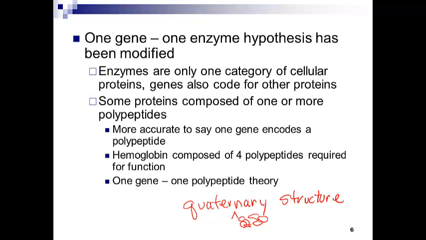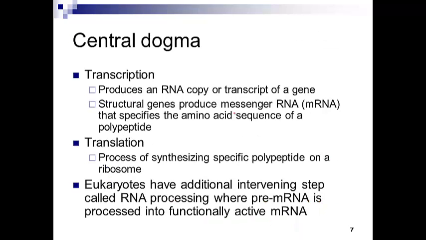Gene A may code for that peptide chain, gene B may encode for that peptide chain, by themselves not functional, but in complex now we have a fully functional protein. And so that's the idea of not necessarily saying one gene, one enzyme, but let's say one gene, one polypeptide is a better way to say it.